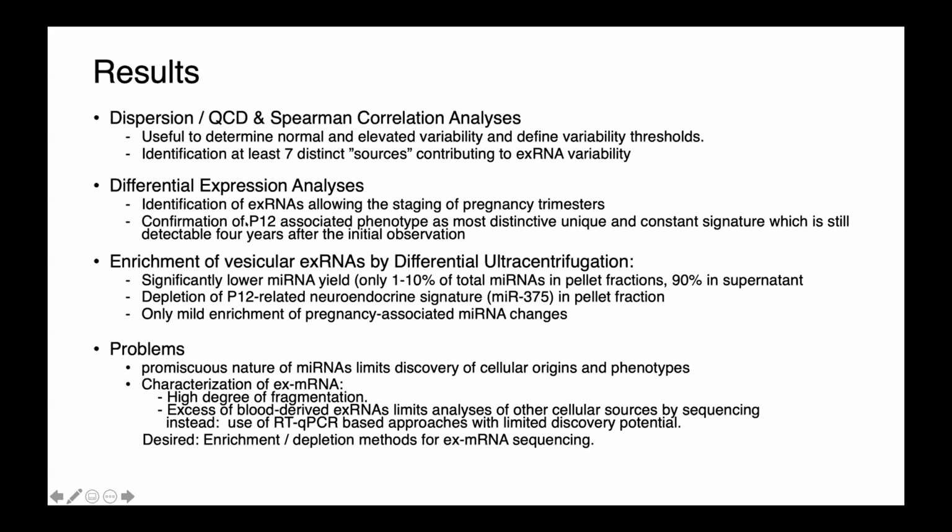We could also confirm that the P12-associated phenotype is still the most distinctive, unique, and constant signature we've observed so far. Using differential ultracentrifugation to enrich for microRNAs in vesicular fractions, we learned that we have a much lower yield in microRNAs and in fact observed the depletion of several tissue-specific fractions and only a mild enrichment of pregnancy-associated microRNA changes.